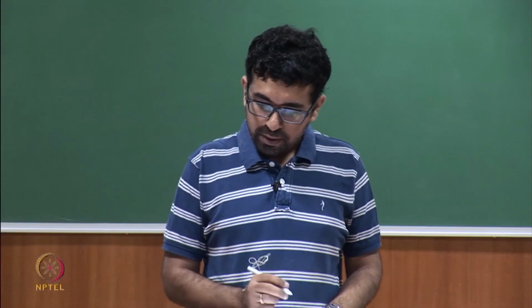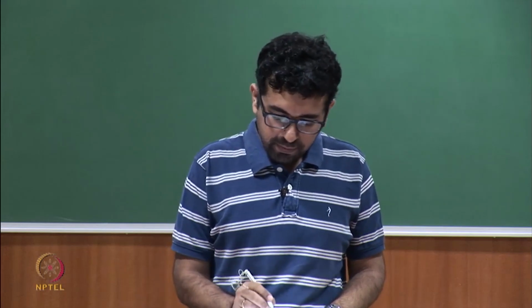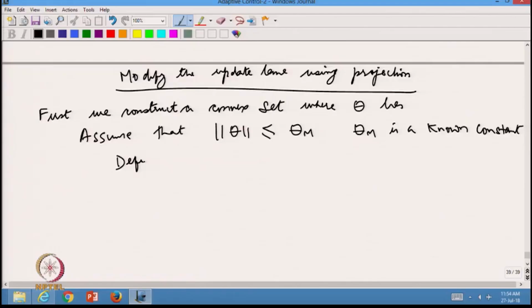Okay, so then we define a function f of theta as theta square minus theta m square, so we basically square both sides, and this is a convex function.